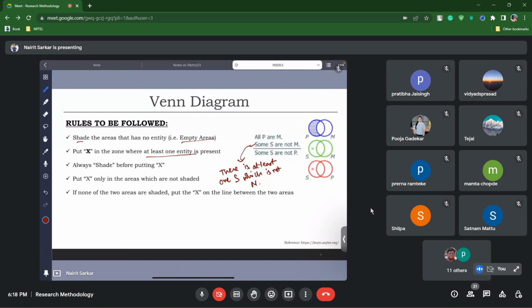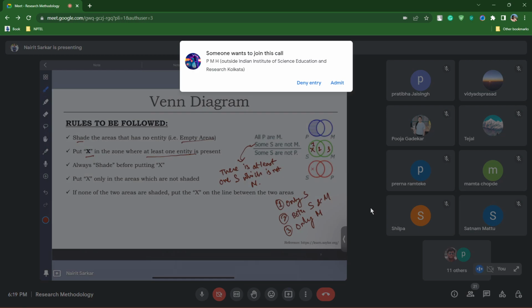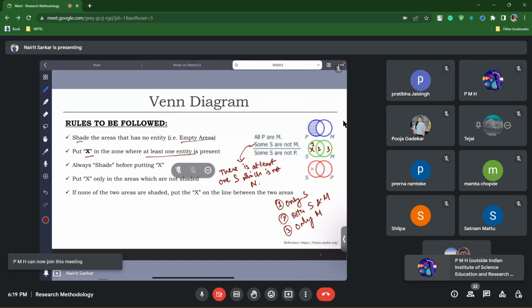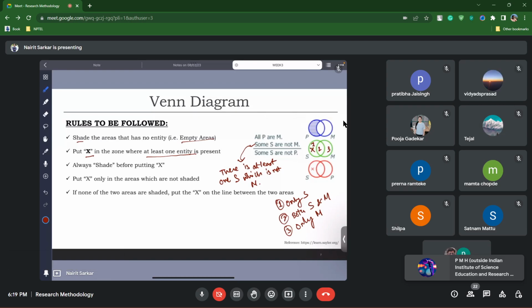So these are the fields 1, 2, 3. 1 means only S, 2 means both S and M, 3 means only M. There is at least one S which is not M here. So as you can see, put X in the zone where at least one is present. There is at least one member X present in this section, only S.